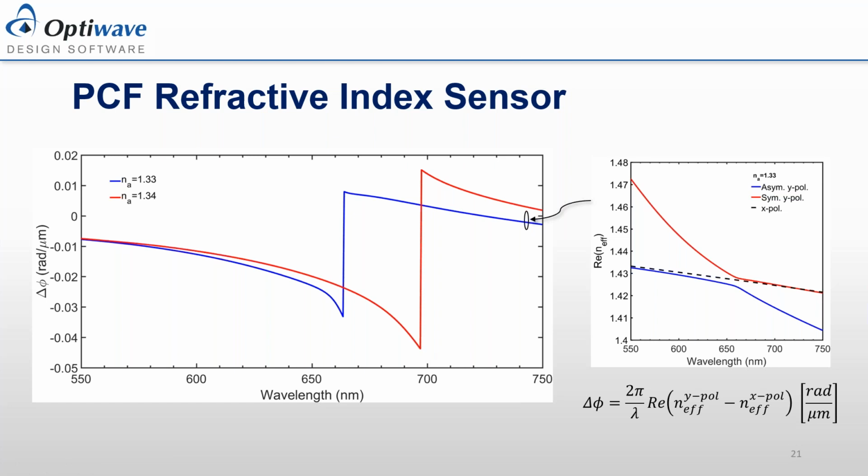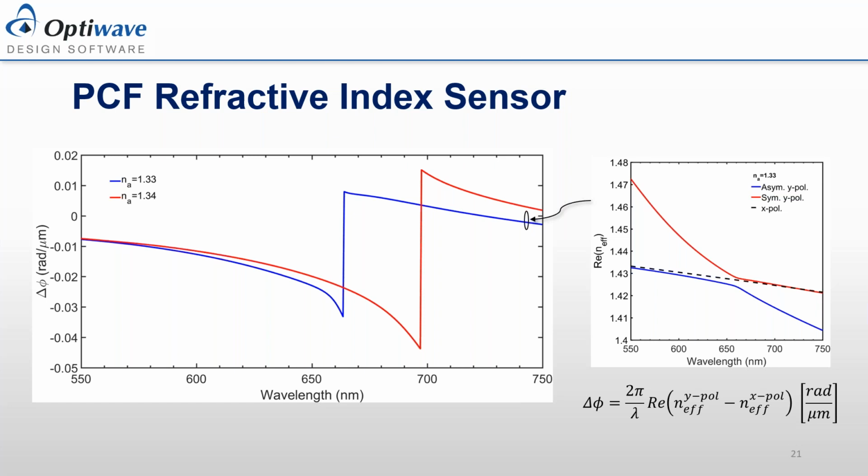And this will provide a significant sensitivity to the calculation. Unfortunately, I do not have the precise numbers based on our results. I do know it's in the tens of thousands of degrees per refractive index unit per centimeter. The specific reference this design is based off of cited a value of just over 50,000 degrees per refractive index unit per centimeter.